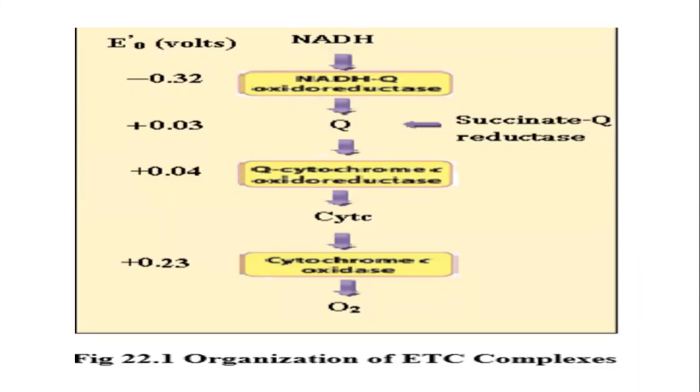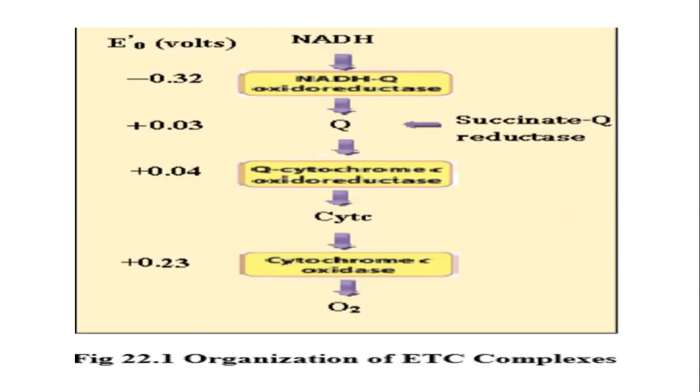Next comes succinate Q reductase. Third one is the cytochrome bc1 complex, that is complex 3, and fourth is cytochrome oxidase, that is complex 4. Electrons flow from NADH to oxygen through these complexes as shown in this figure.